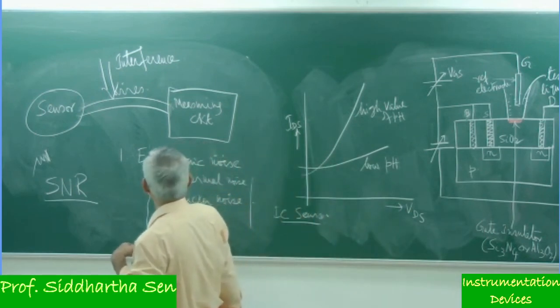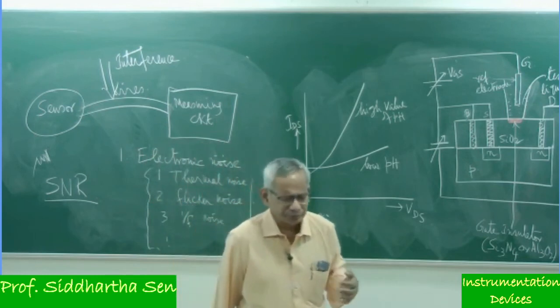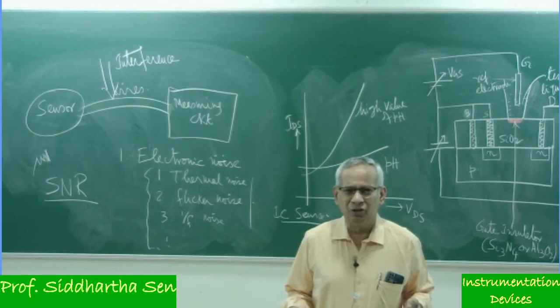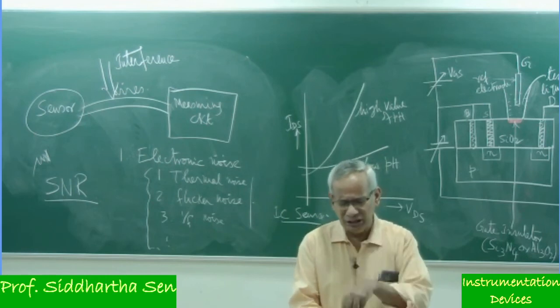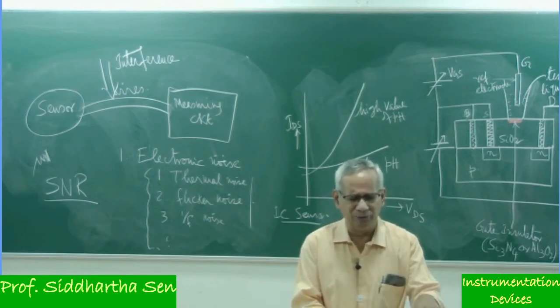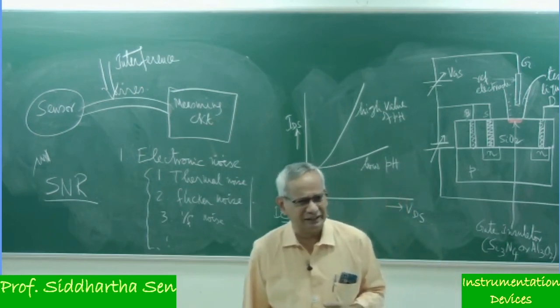So while designing an instrumentation device, as I told, it is not only knowing what sensor you are using and what the principle is, but also the construction, how you place it, and the actual situation. What is the signal conditioning circuit?